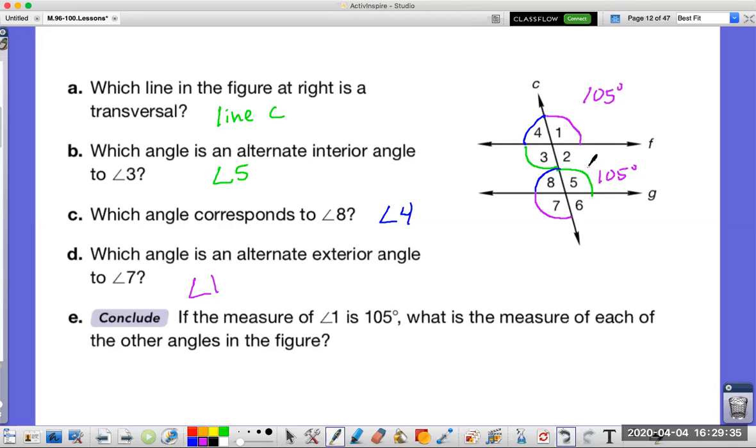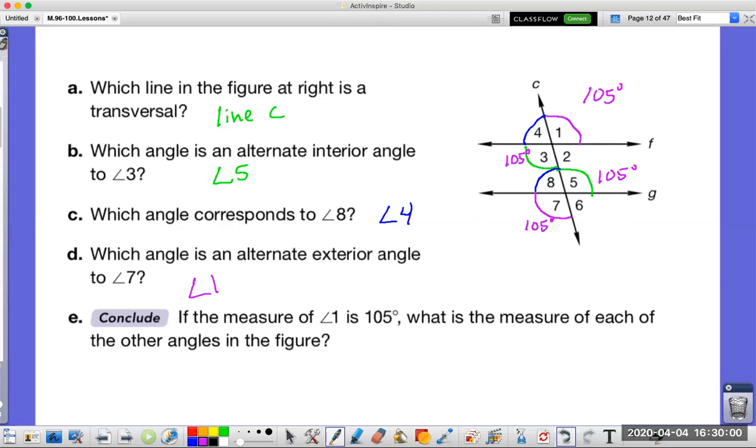I can also see that angle 3 is going to be 105 degrees. I can also see that angle 7 is 105 degrees. So I've got 4 of my angles. Now I just need to find out what 4, 2, 8, and 6 are. And once I find out what 4 is, I know what all the others are.